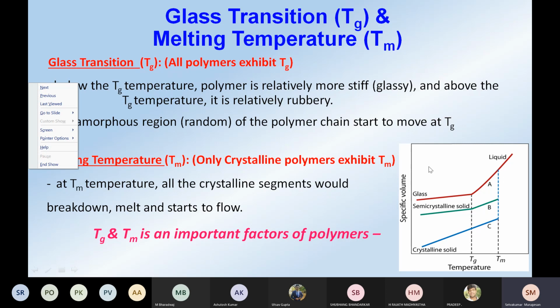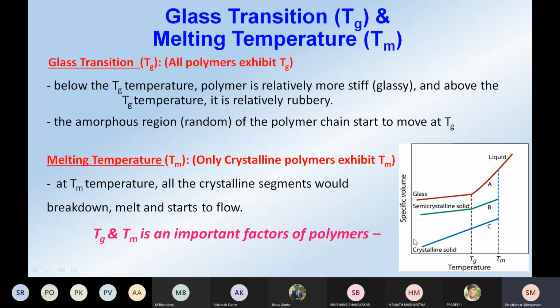You can look here at what's happening with the specific volume. You have three different types of polymers: glass, semicrystalline, and crystalline solid. In a completely crystalline polymer, at Tg and Tm there is no significant change in the specific volume. But in the semi-crystalline or the amorphous or glass-based one, you can see an increase in the specific volume.